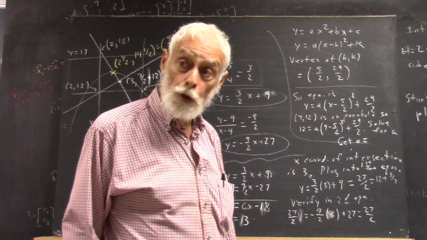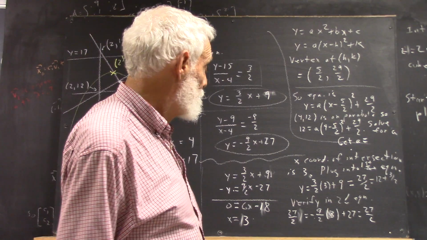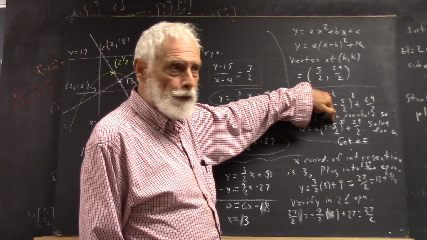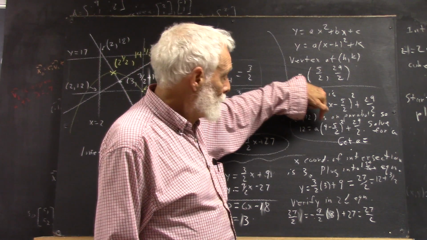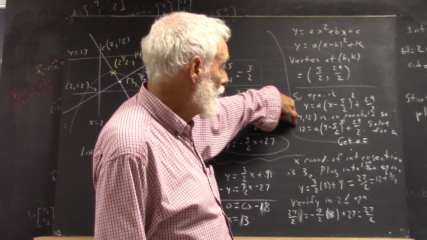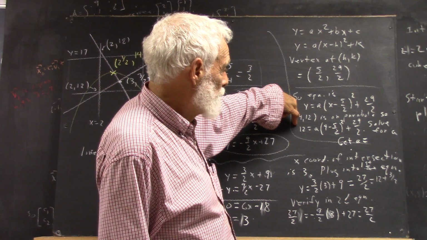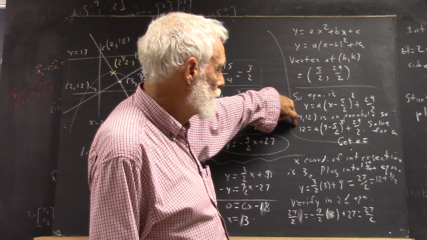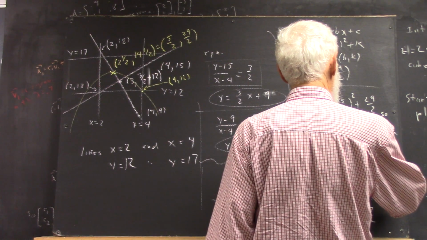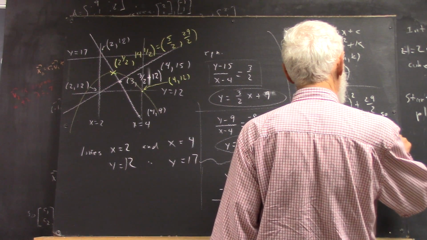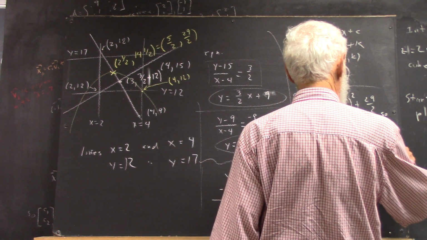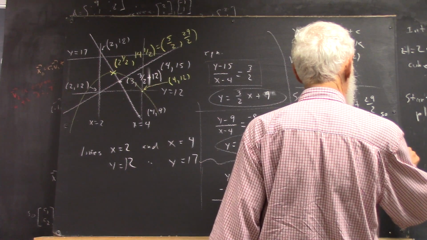Well, I can at least attempt to do this in my head. 4 minus 5/2 is 3/2. 3/2 squared is 9/4. Now, if I subtract 29/2 from 12, I get negative 3/2. So A should be negative 3/2 divided by 9/4, which is 4/9 of negative 3/2. Now, I have no guarantee that that's correct, but I get negative 2/3.